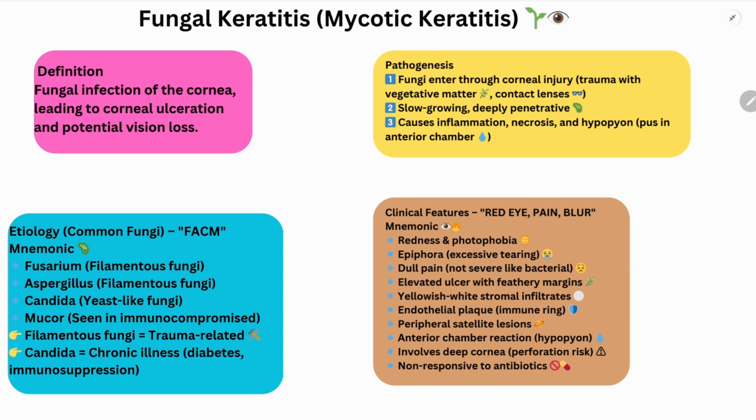This immune ring is very important, which is also called endothelial plaque or something like a feathery immune ring. I'm not sure about it. If you know it, please let me know in the comment section. So redness, epiphora, dull pain, elevated ulcers with feathery margins and yellowish white stromal infiltrates, immune ring, satellite lesions and hypopyon, and if it is deep it also leads to perforation risk. So these are the important points that you must remember here.